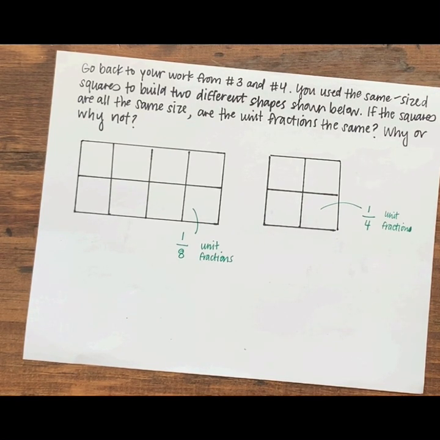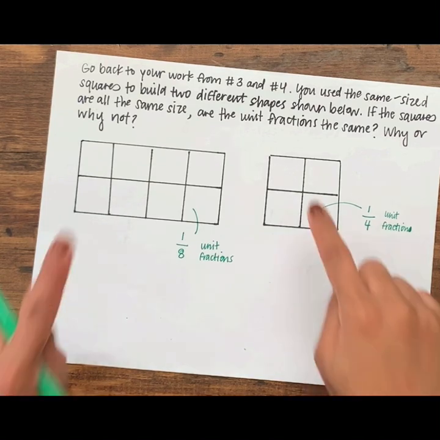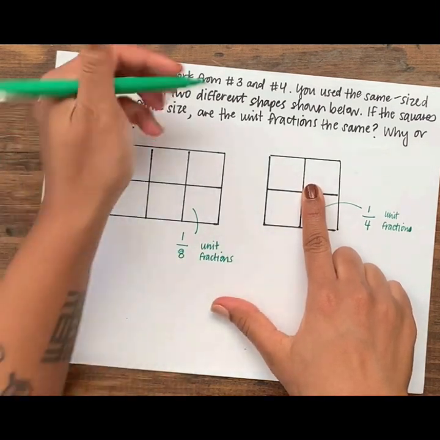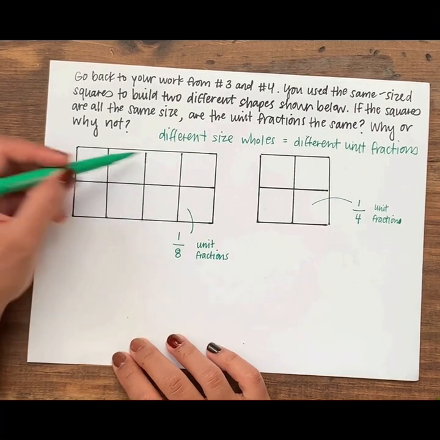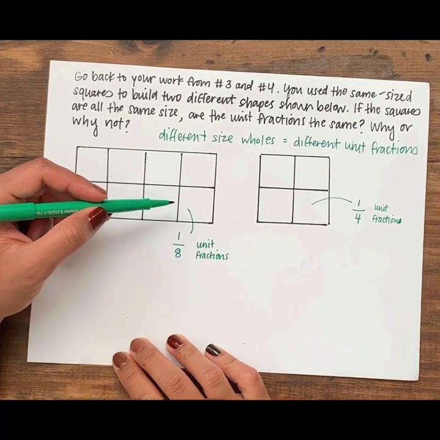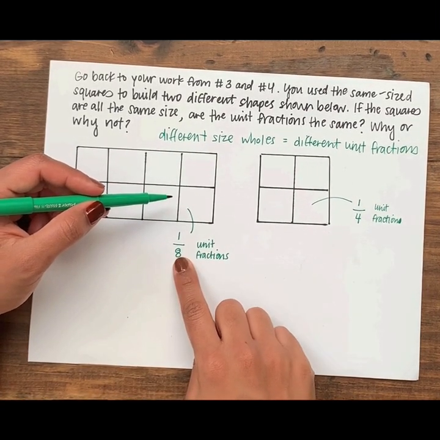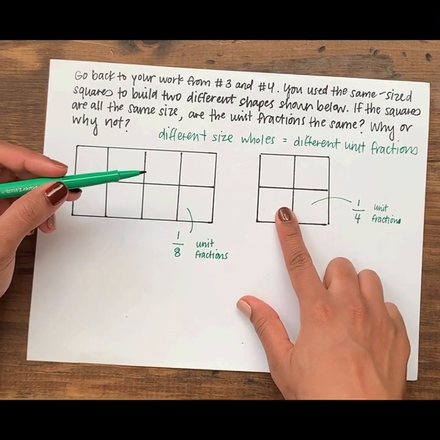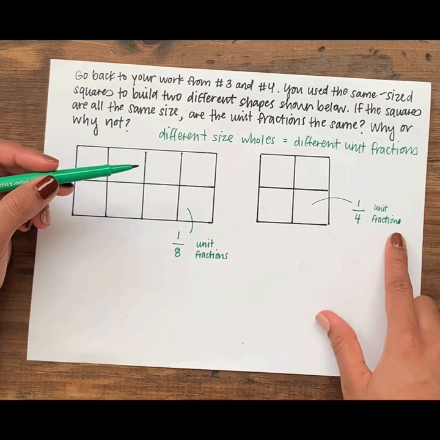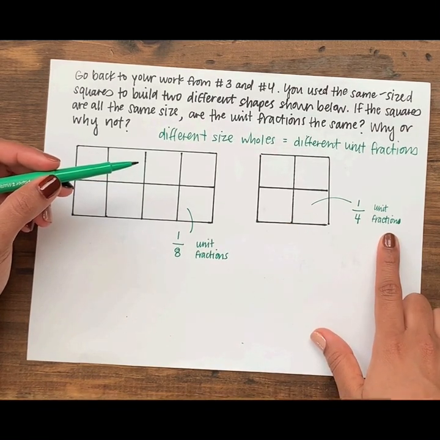That's right. The unit fractions are different because our wholes are different sizes. This rectangle here has 8 total squares, so the unit fraction was 1/8. This square has a total of 4 squares, so the unit fraction was 1/4.